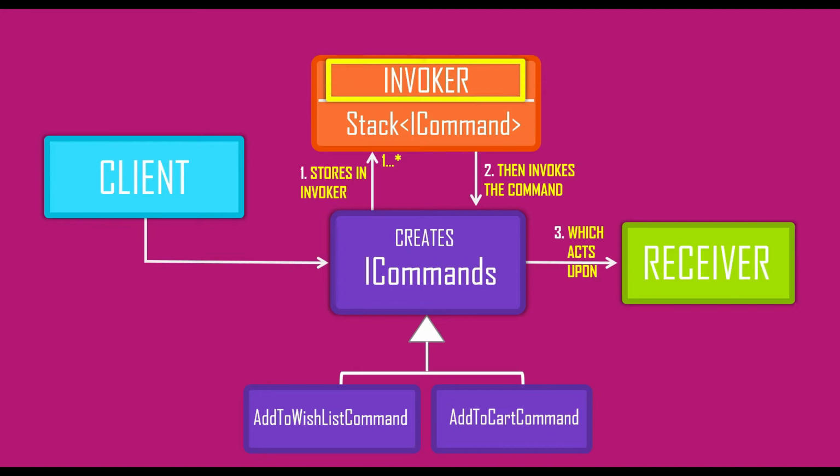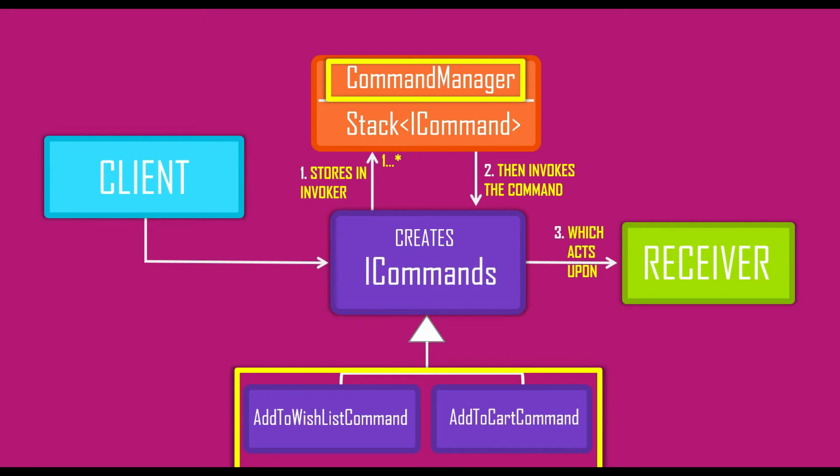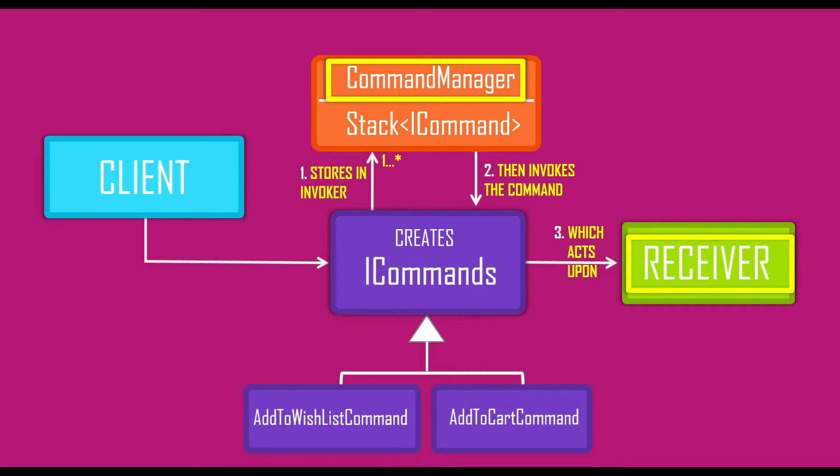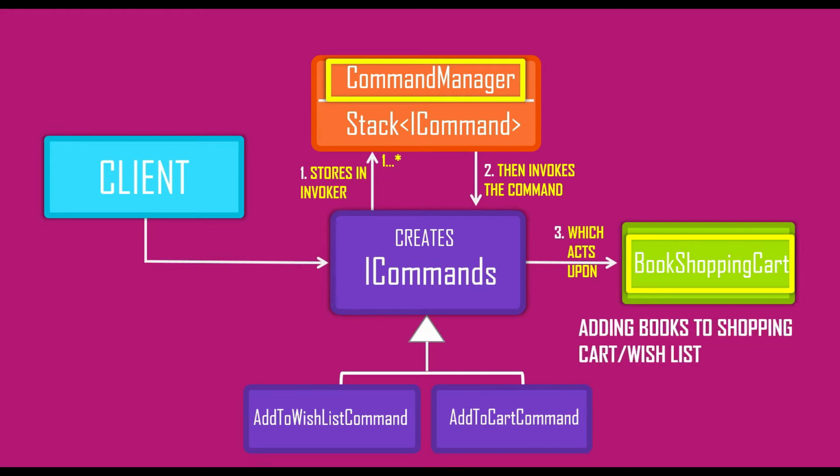And this invoker is someone who manages our commands, right? So we can call it command manager, which will basically hold our commands. That is this add to wishlist command and add to cart command. And our receiver will be perhaps book shopping cart class, which will have our real operations for adding books to shopping cart and to wish list.